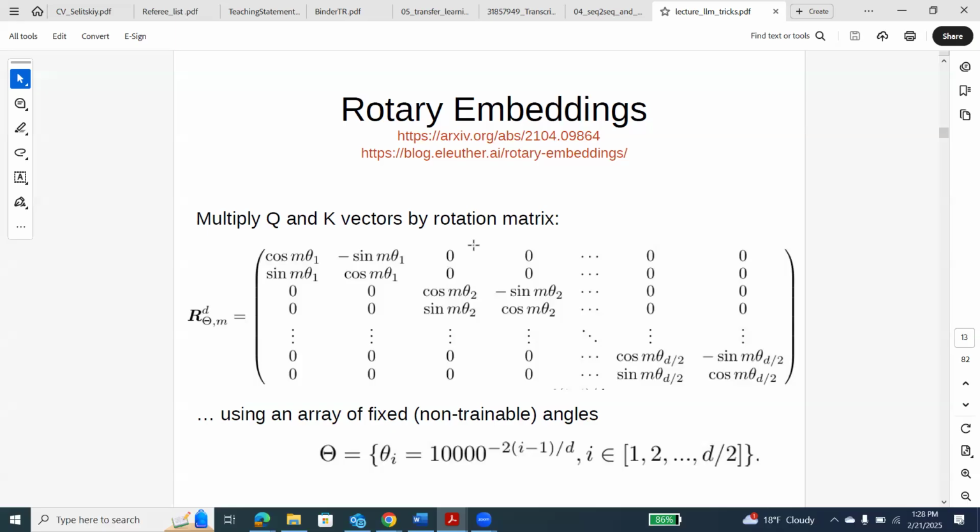And the idea behind this was that if we have two words, two tokens with similar embeddings, the rotary embeddings will somehow change the direction of these tokens.